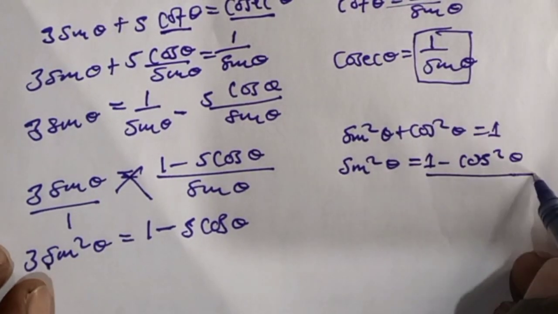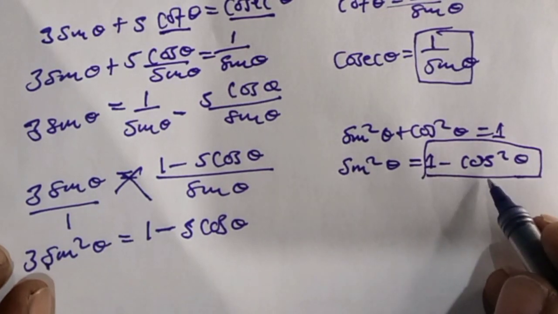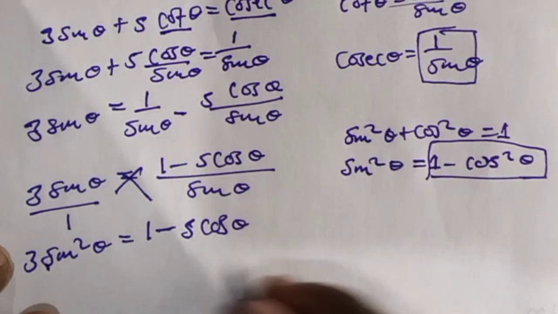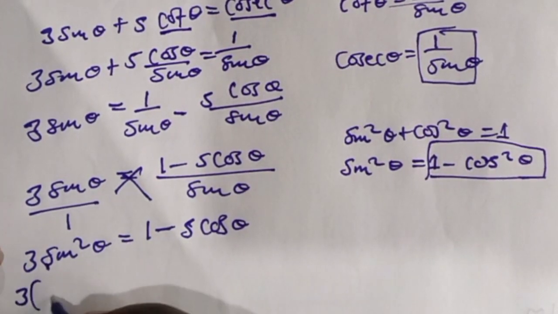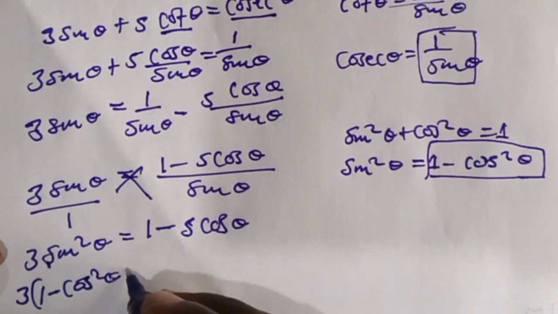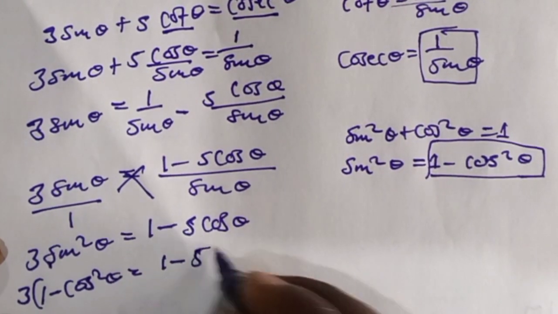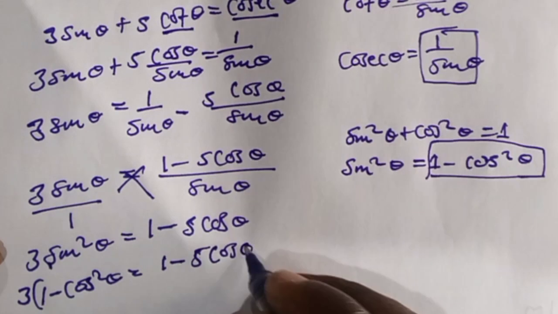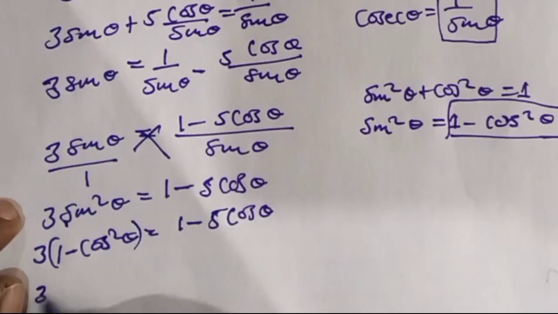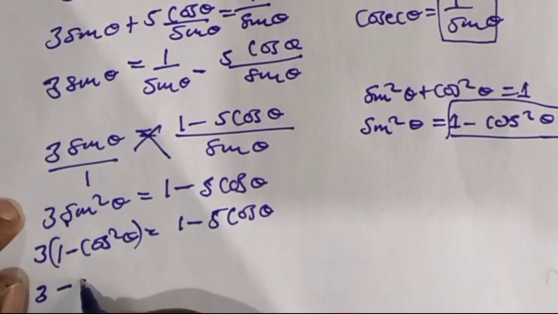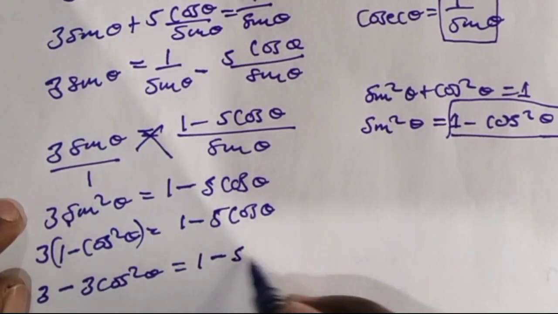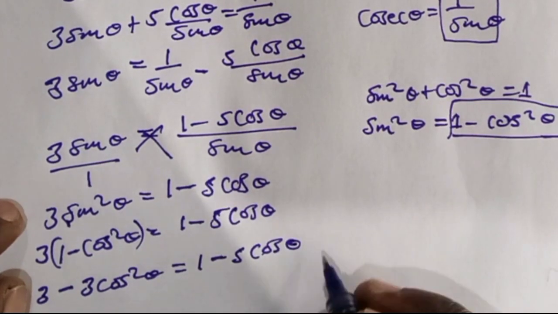So we substitute where there is sine squared theta with 1 minus cos squared theta. We say 3 open bracket 1 minus cos squared theta, which equals 1 minus 5 cos theta. Let's expand: 3 times 1 is 3, minus 3 times cos squared theta is 3 cos squared theta, which equals 1 minus 5 cos theta, right?